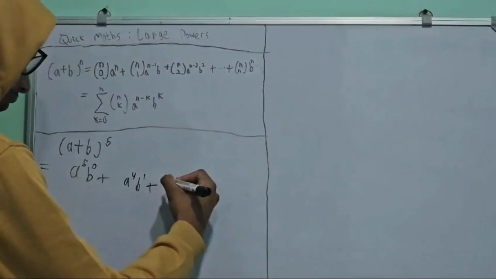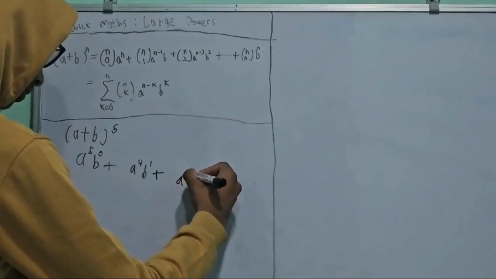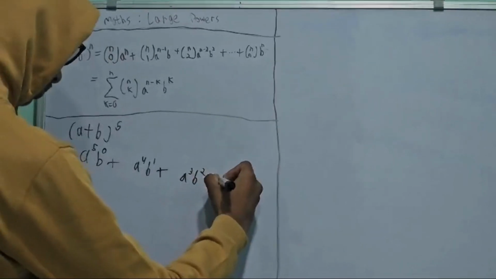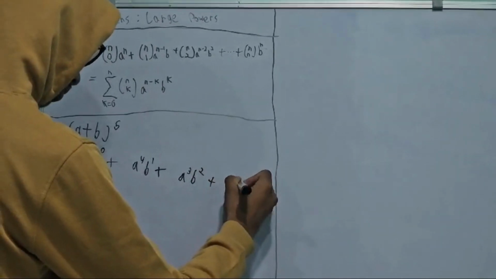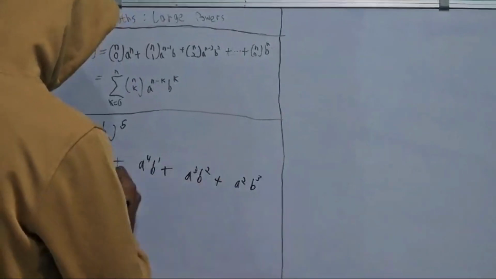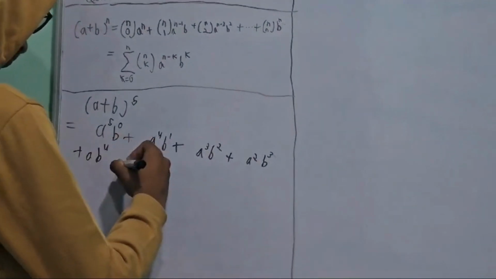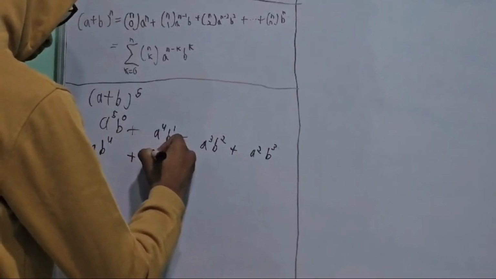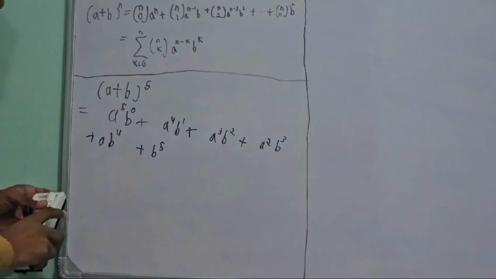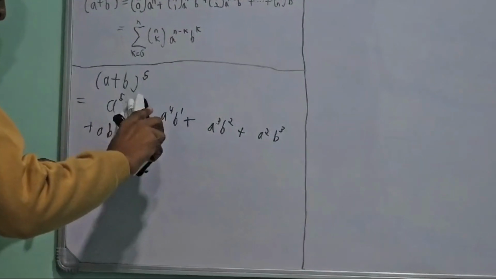And like this, we can write down the rest of the expression. So this is the rest of the expression. We can just remove this b to the 0 here.